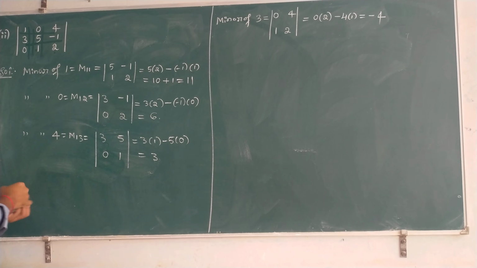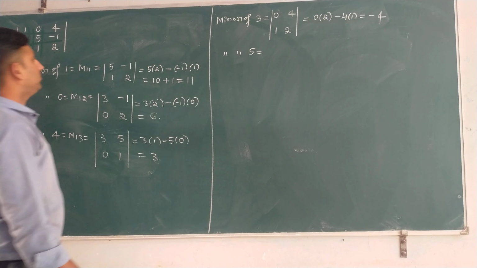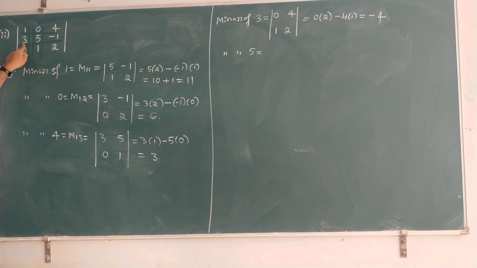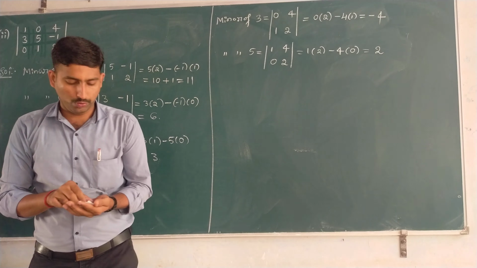After that, minor of 5: eliminate this row and this column. The elements are 1, 4; 0, 2, which is 1 into 2 minus 4 into 0, equal to 2.